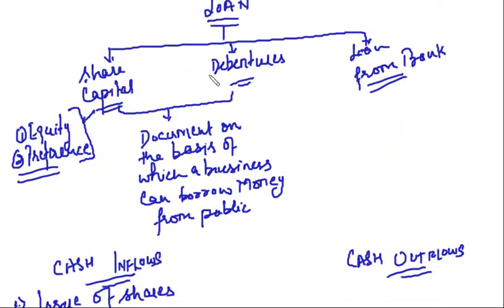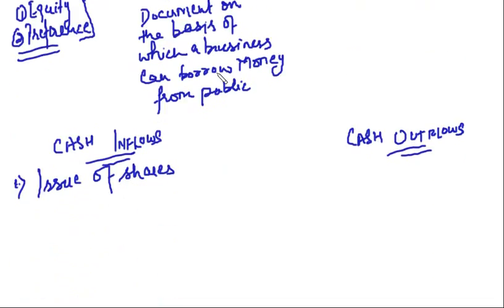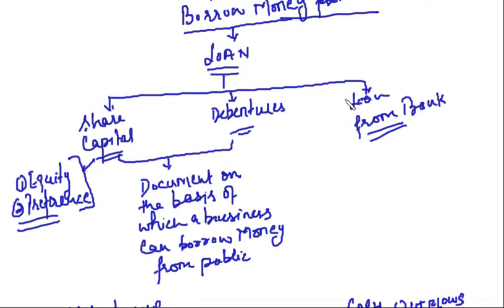Now, talking of debentures, if we issue the debentures, you are issuing the document and borrowing the money from outside. The money is coming in. This is a cash inflow again, issue of debentures, right? Now, talking of the third thing, loan from bank.